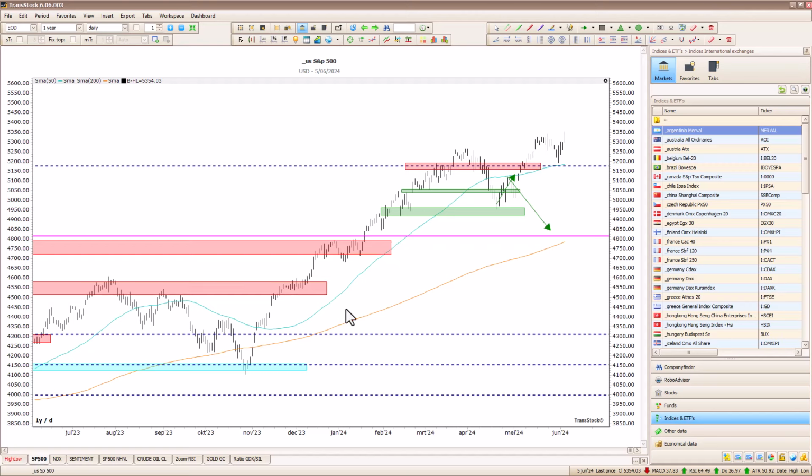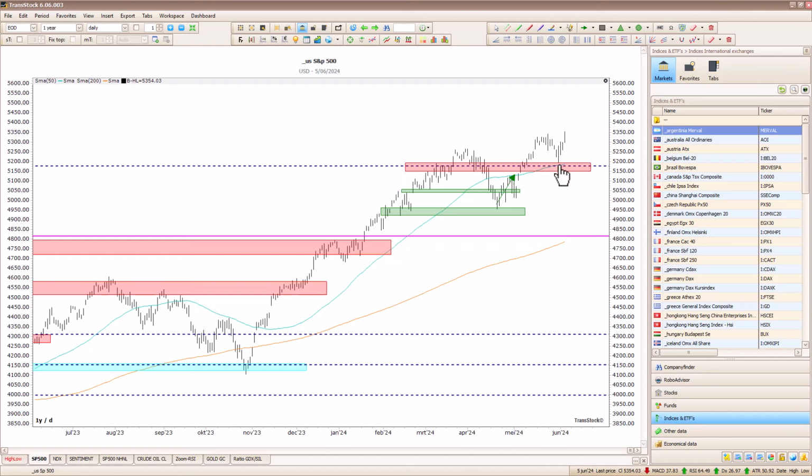Last month we discussed a possible A, B, C scenario with a target of 4,800. However, the market chose a different path and broke the resistance around 5,180. So we can extend this pivot zone and delete those arrows.